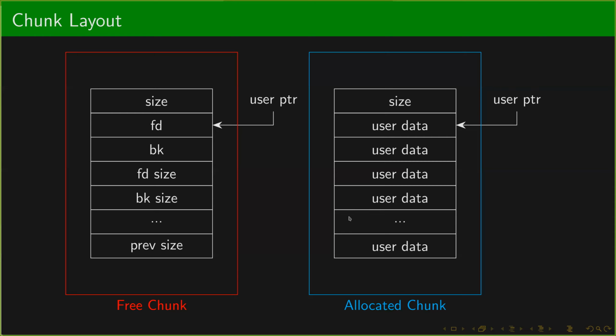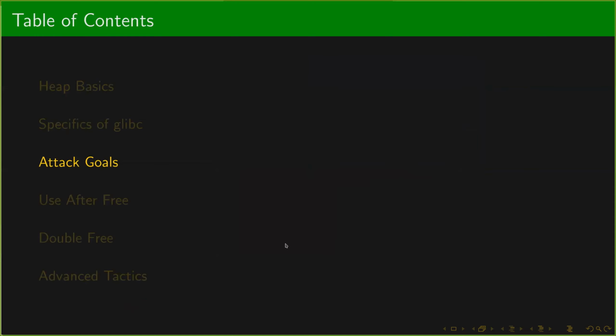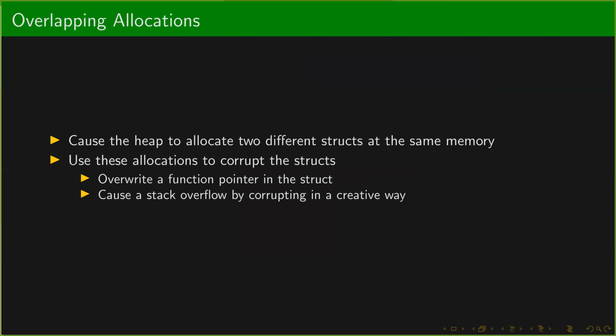Okay, so we'll now talk about how these attacks are going to work. There's generally two methods of doing a heap exploit. One is trying to get overlapping allocations.